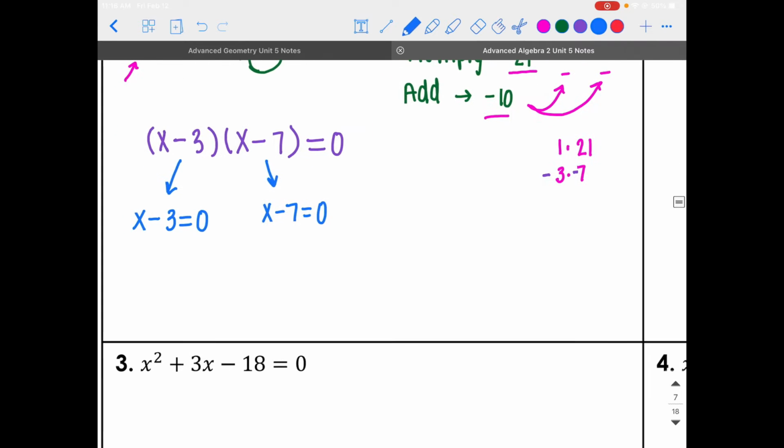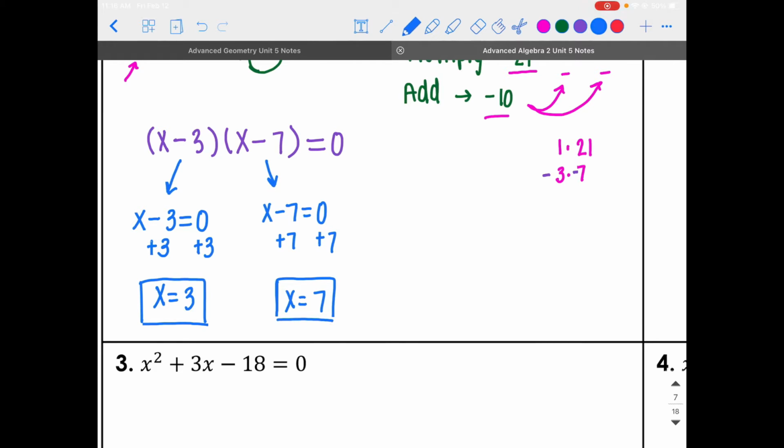Then if I add 3 to both sides, we get x equals 3. And on the other one, if I add 7 to both sides, we get x equals 7. So our two x-intercepts are 3 and 7.